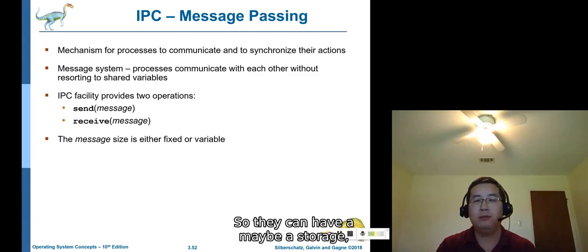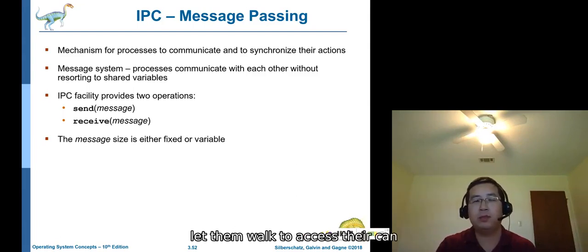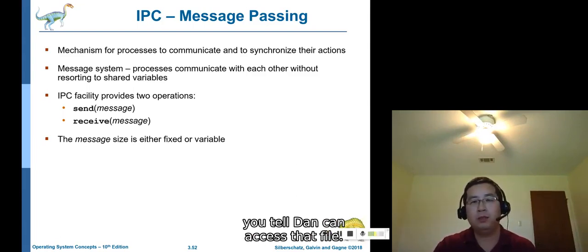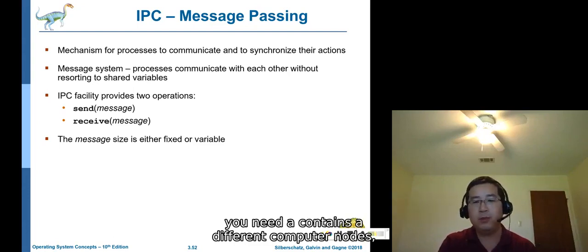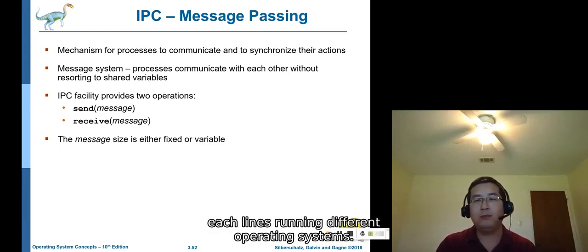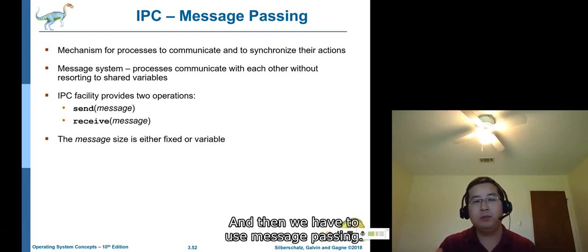They may have a storage network to access, and each of them can access that file. But if it's a network of computer systems, usually they contain different computer nodes, each running different operating systems, and then we have to use message passing.